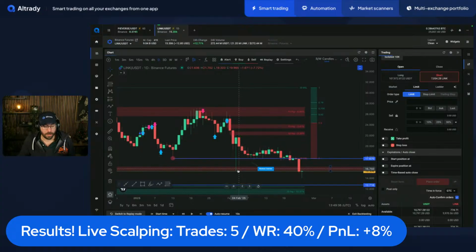That's usually what happens. These wicks are a huge price magnet, right? Because so many people are looking to enter here and have a stop loss here. So obviously it's nice to move the price to that point, go below it, take all the stop losses that were there, and then reverse the price.